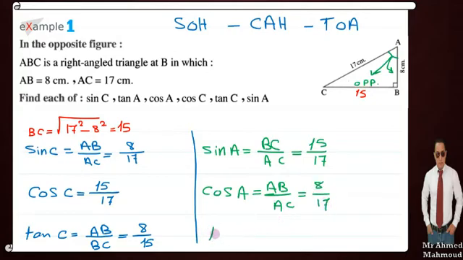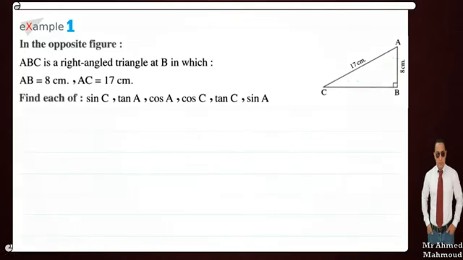And tan A equals opposite over adjacent, it will be BC over AB, equal 15 over 8. Now let's solve example 2.